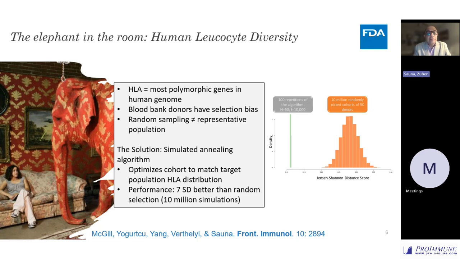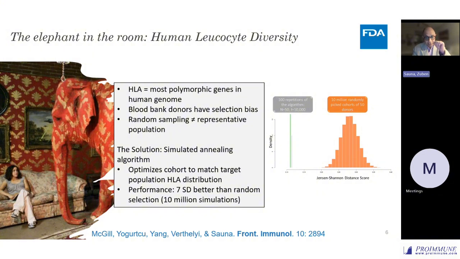of a donor cohort. And one solution that we have used is something called simulated annealing to develop an algorithm that optimizes a cohort to match the target population for HLA distribution. And by target population, I mean, if you are interested in the world population, you can take the world population as your target population, but there are large differences between populations in terms of the relative composition of the different HLA alleles.